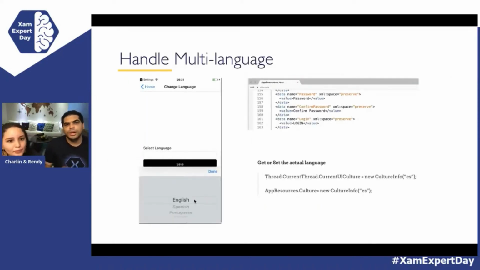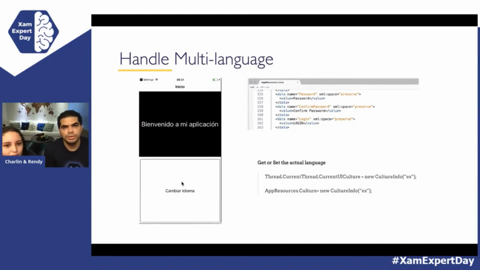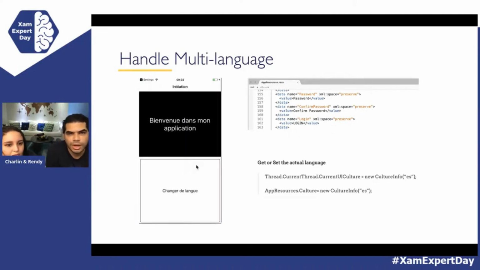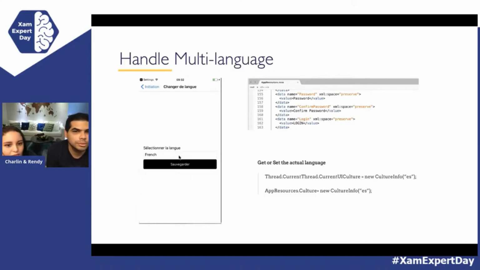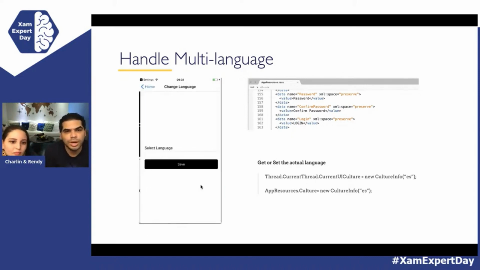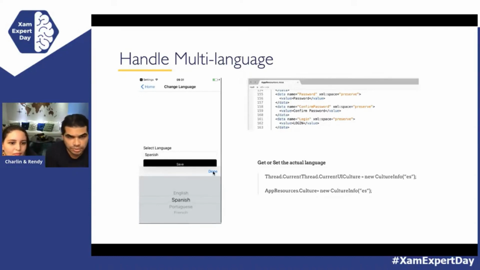Always consider adding multi-language support to your applications. The reason for this is that even though my application might just be in one language, I will consider this from the start on any application because, first, it's pretty easy to do. If I do it from the beginning, I won't have the pain of having to support other languages later.